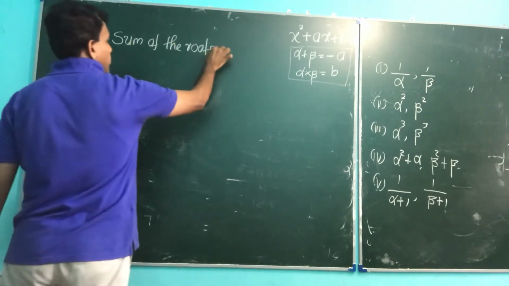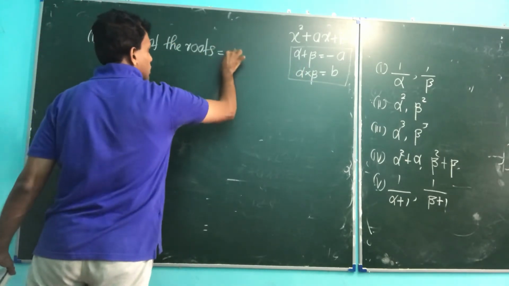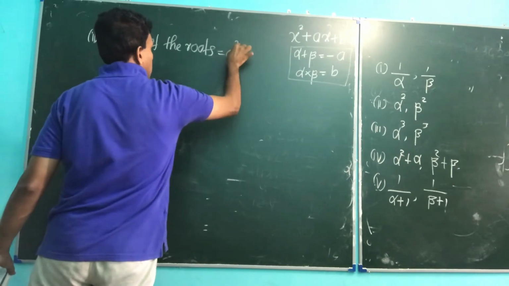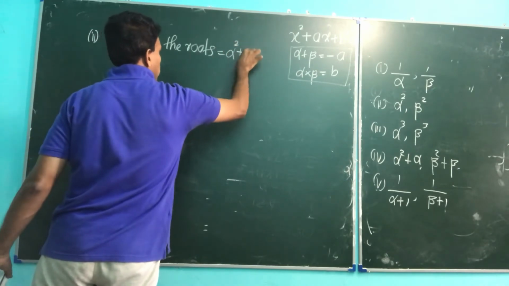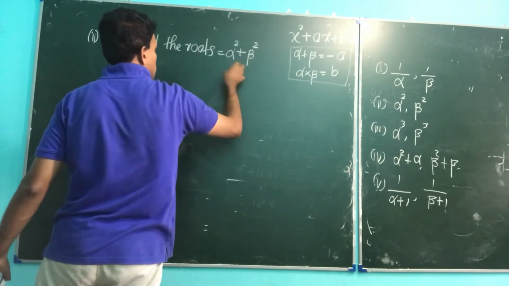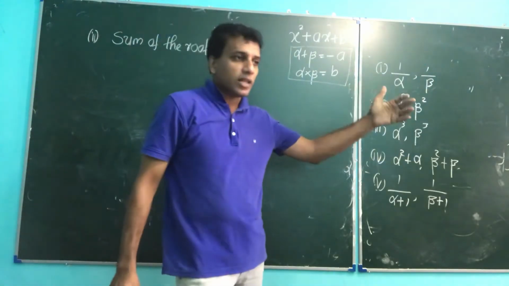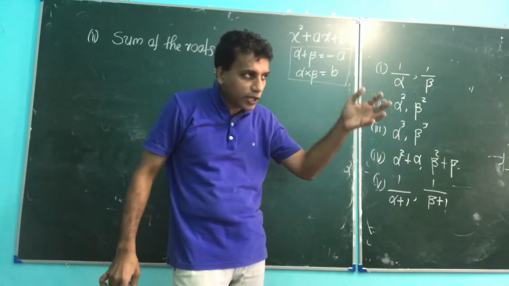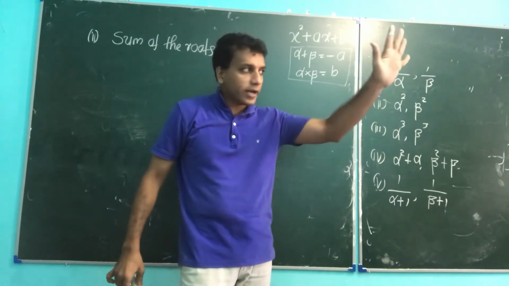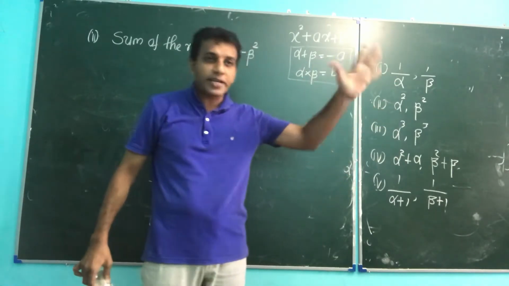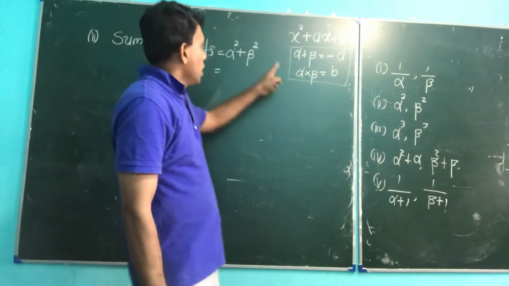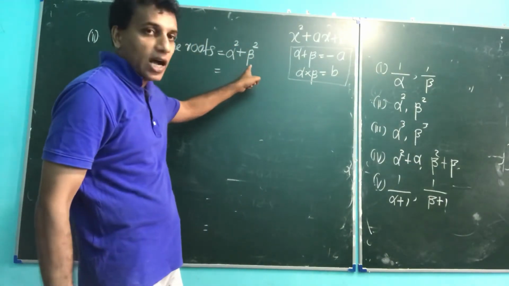What is the sum of the roots? One root is alpha square, other root is beta square. We work many problems like that. I completed that earlier. There's a particular order. If you follow that order regularly, you can cover complete exam style questions. We already worked out how to find this answer.